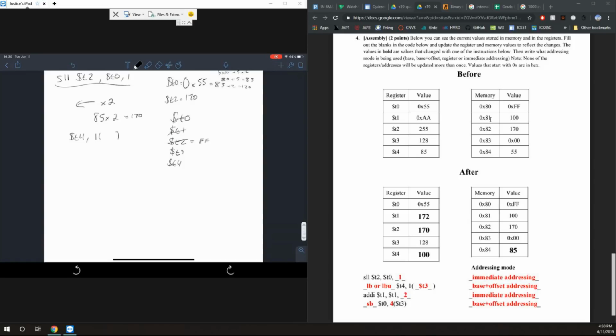Well, if you think about it, what's 85 in hex? It's 16, like 4, I think it's like 4 something. So it's not one that you have to understand too much. So instead you say, or it's 55.